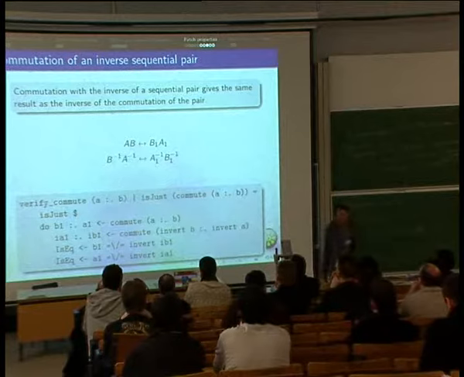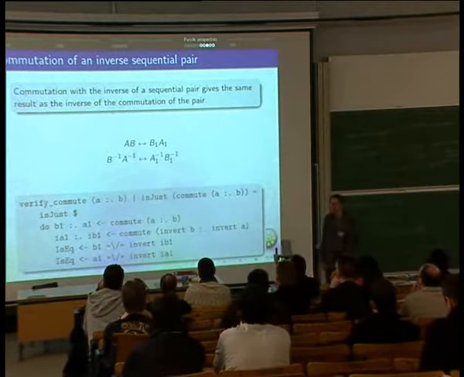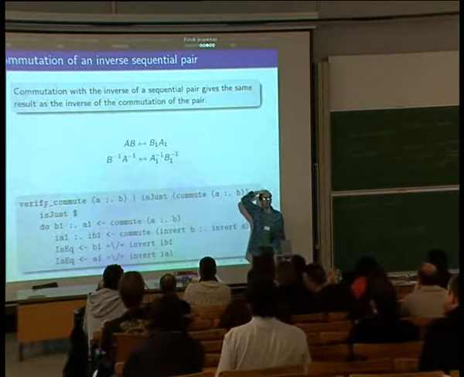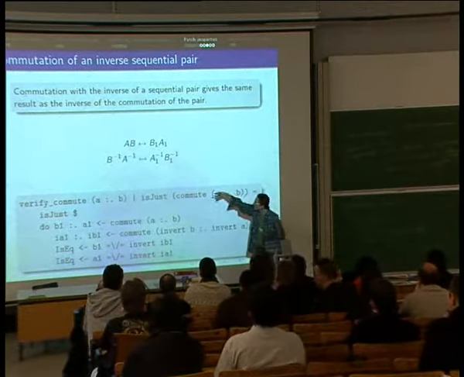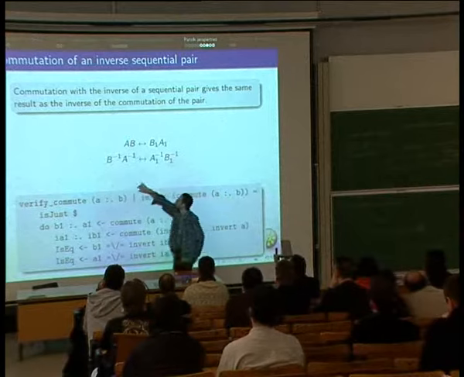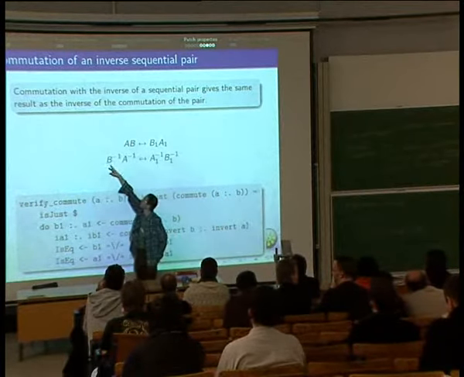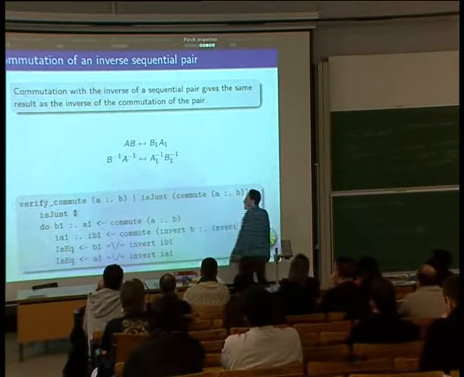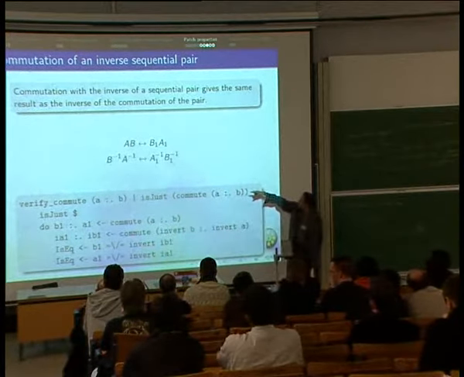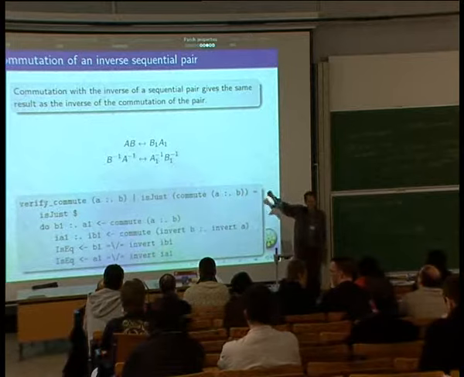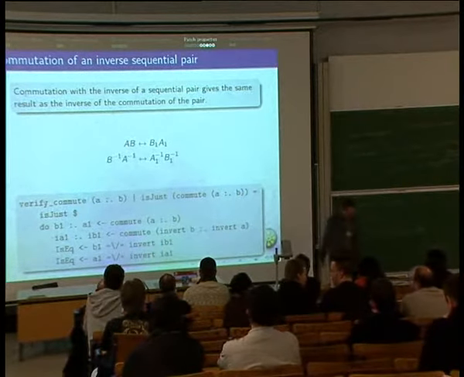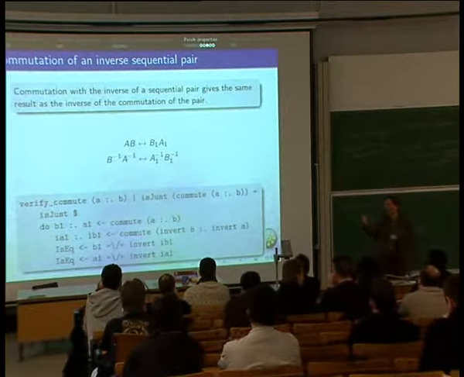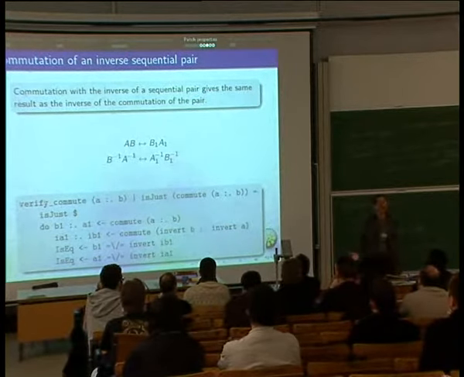Next feature is the commutation of an inverse sequential pair. If you have a pair of patches AB and they commute to B1A1, if you were to instead choose to commute the inverses, B inverse, A inverse, it will commute to the same pair of patches inverted, A1 inverse, B1 inverse. I mention all these properties because, well, they need to be right.